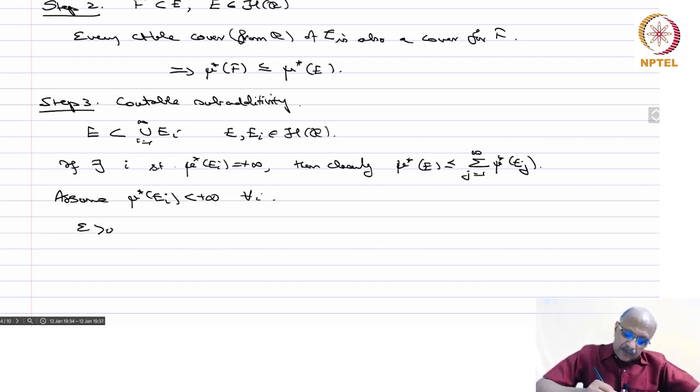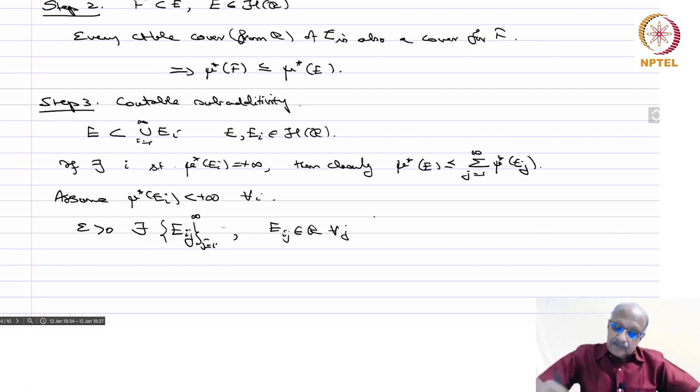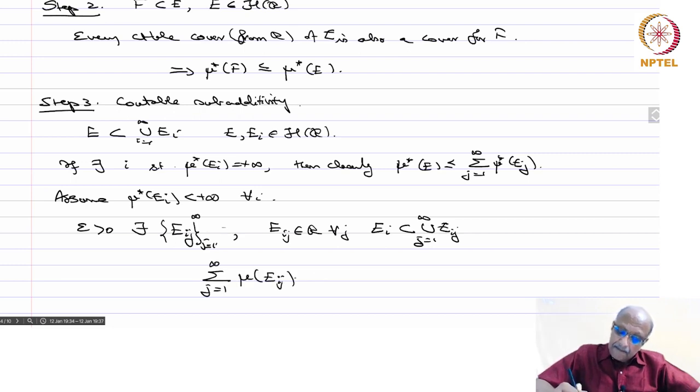Therefore, given any epsilon positive, there exist E_ij in R, j equals 1 to infinity, such that E_i is contained in the union over j equals 1 to infinity of E_ij, and you have the sum over j equals 1 to infinity of mu of E_ij less than mu star of E_i plus any quantity which I want.